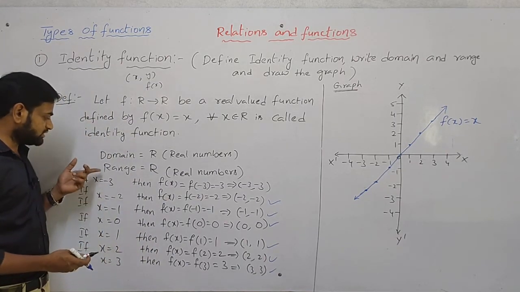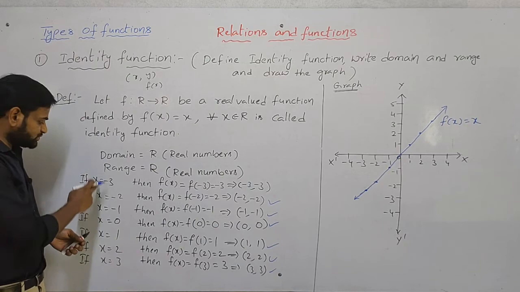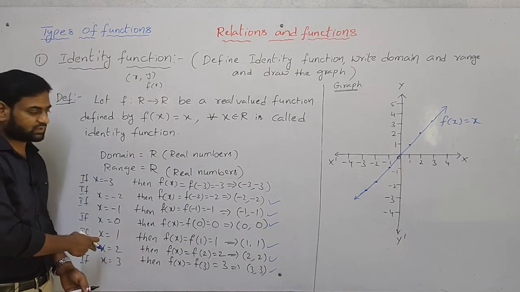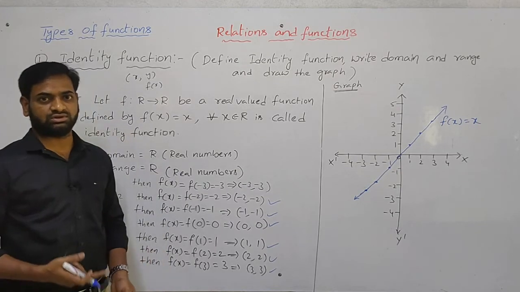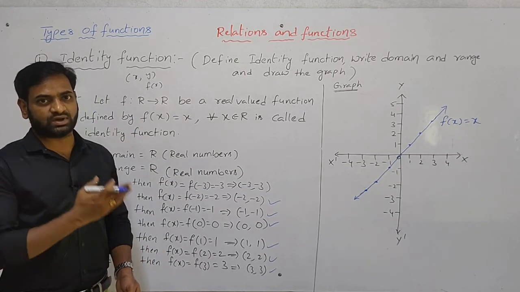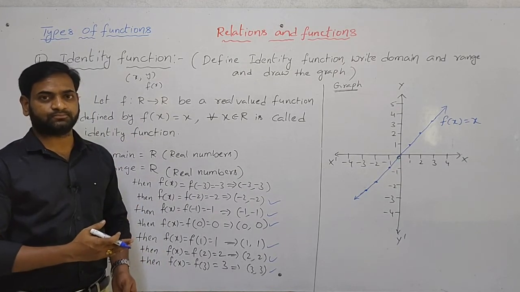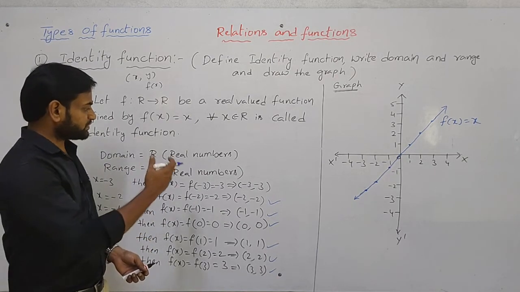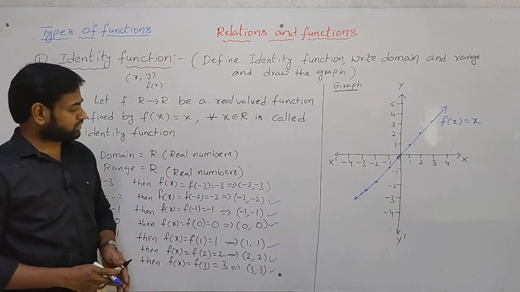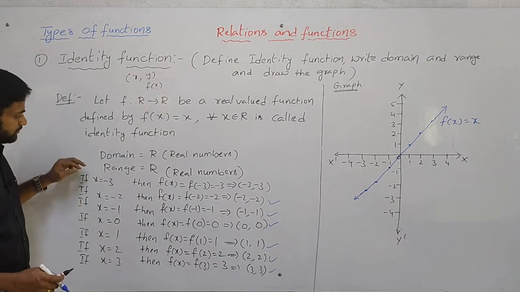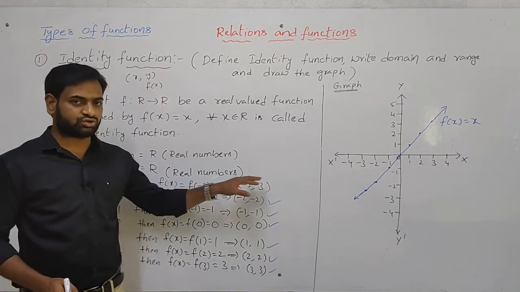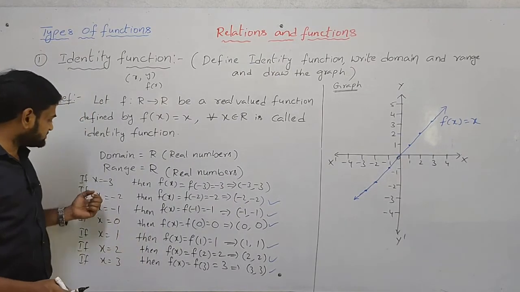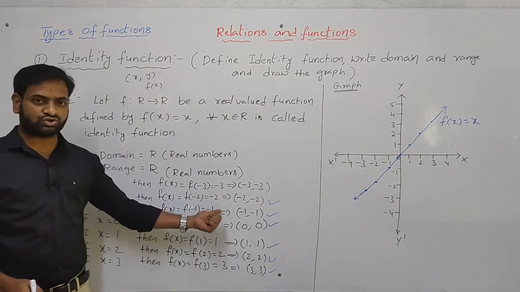Next, if you observe here, these x values are domain values. These f of x values are range values. Remember the point is x values are domain and f of x values are range. Now here, if x value is -3, f of x also -3. If x is -2, f of x also -2.